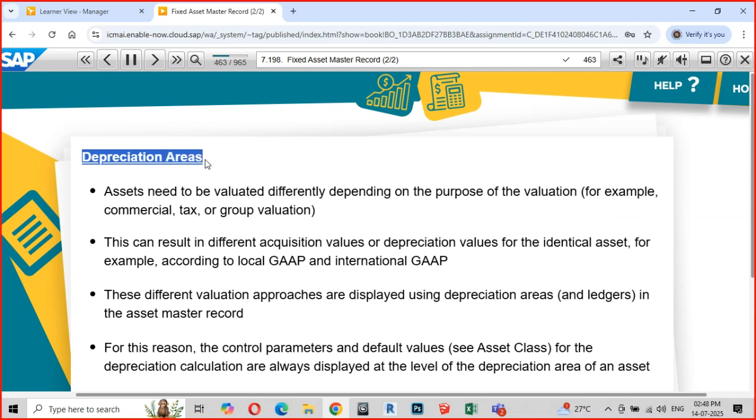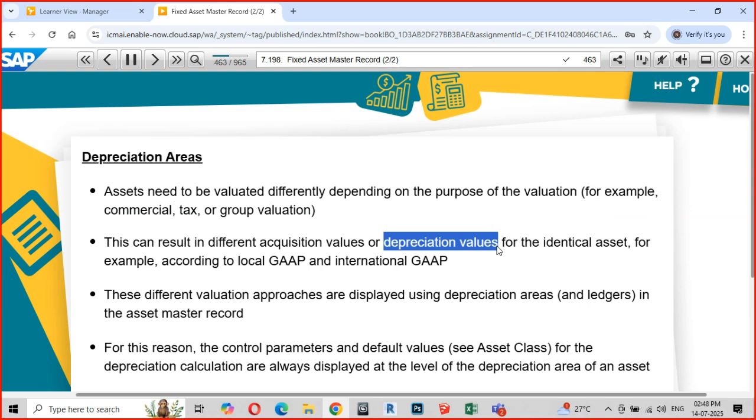So somebody rightly said tax purposes, your costing purposes, your balance sheet purposes. These are the typical reasons as to why you would require a depreciation area. Yeah, different business reasons.